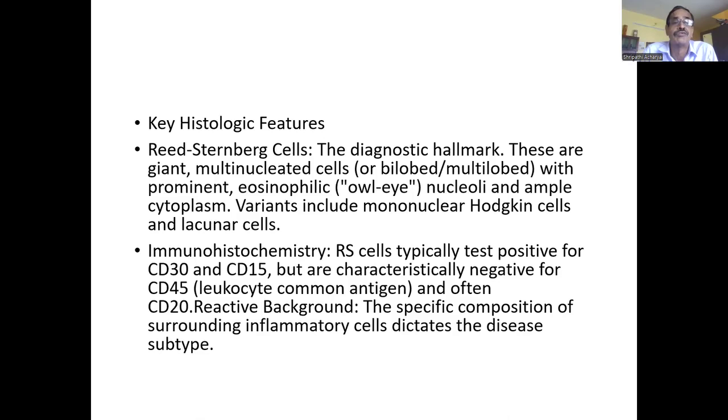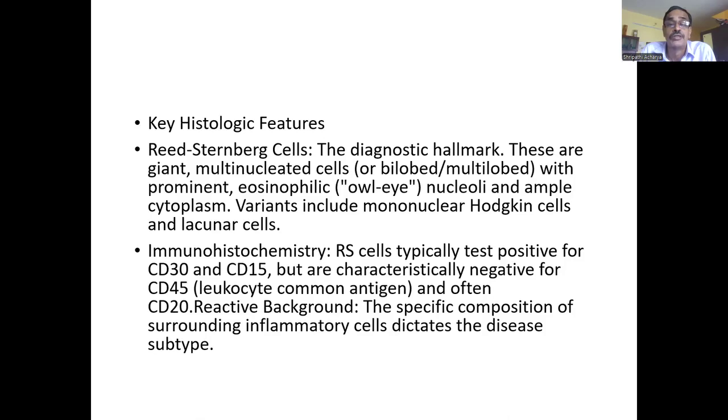Key histologic features. Reed-Sternberg cells, a diagnostic hallmark. These are giant multinucleated or bilobed or multilobed cells with prominent eosinophilic owl-eye nucleoli and ample cytoplasm. Variants include mononuclear Hodgkin cells and lacunar cells.